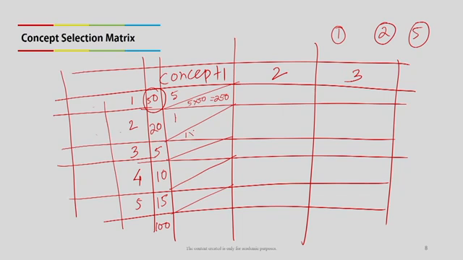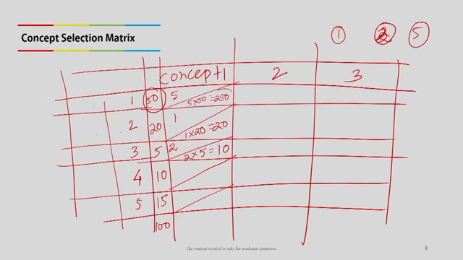So, 1 into 20. For concept 1, is it fulfilling the criteria 3? Moderately it is fulfilling, so let us put 2. For the ranking, instead of 2 you can place 3 also, it is up to you. So, 2 into 5.